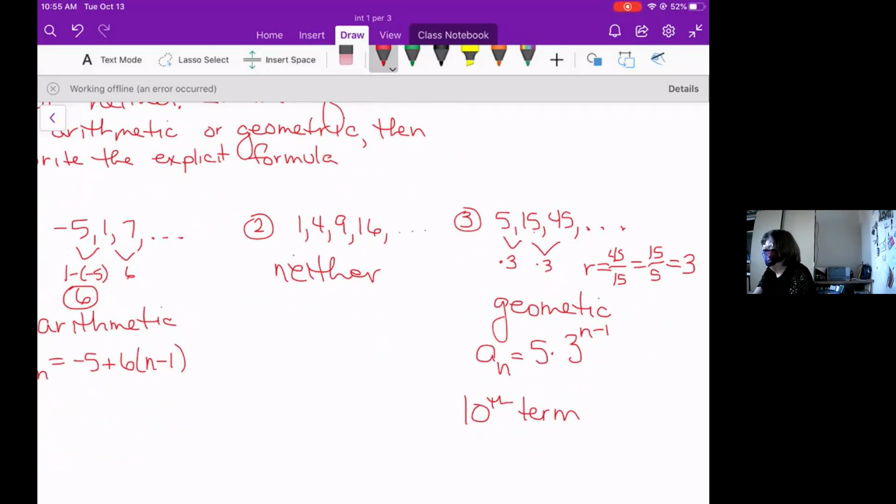You would replace the n with 10, so it'd be 10 minus 1, which is 9, so it'd be 5 times 3 to the 9th power. Perfect. So n would equal 10, so you would replace the n with 10. All right. Okay. Questions?